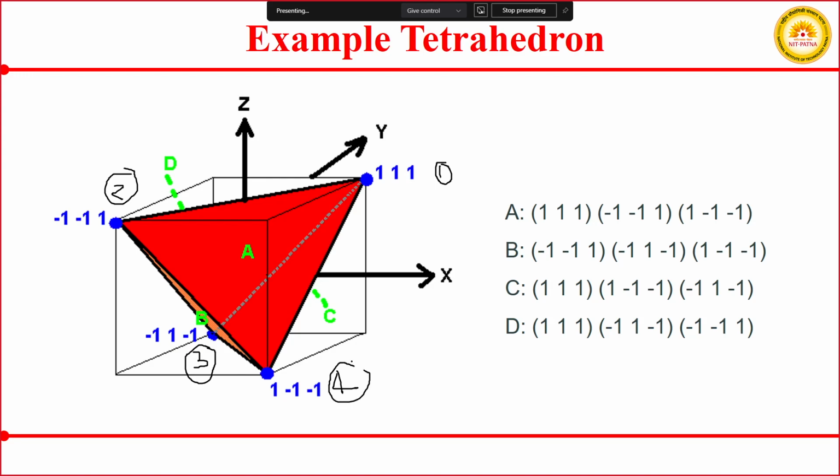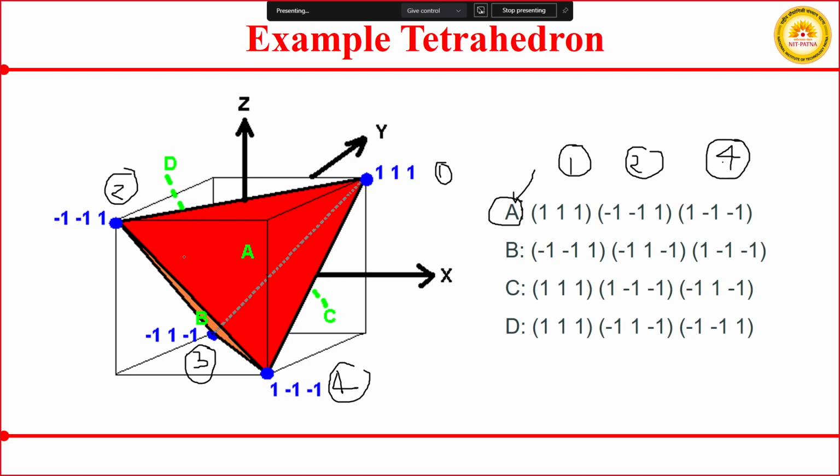So here what has been represented, the triangular surface A is corresponding to vertex 1, 2 and 3, not 3, sorry. A is corresponding to 1, 2 and 4, right?